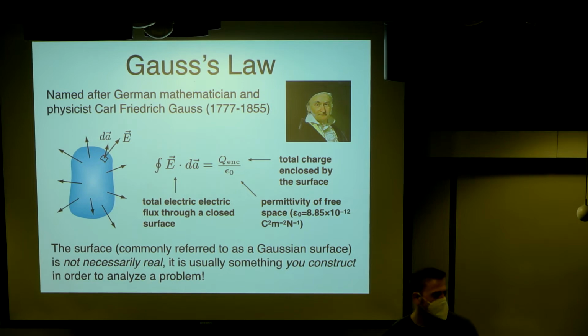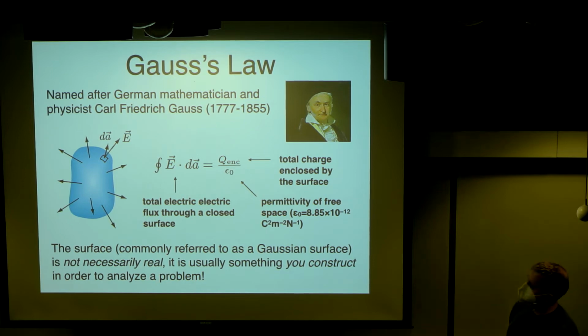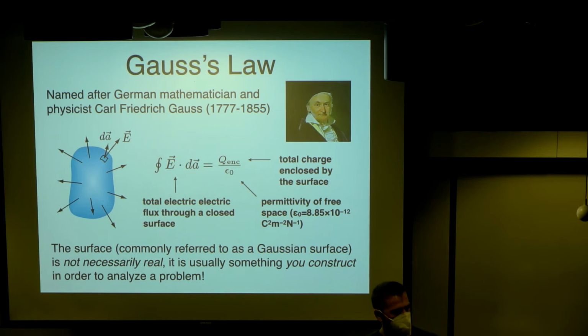Okay, so that's the statement, and hopefully you see why it's true given what we've been building up to. The last thing to say about the way we apply Gauss's law in practice is that if we're using Gauss's law to solve a problem, you're going to have some set of charges lying around in space, and you're going to draw some kind of surface that surrounds those charges, just for the purposes of solving the problem.